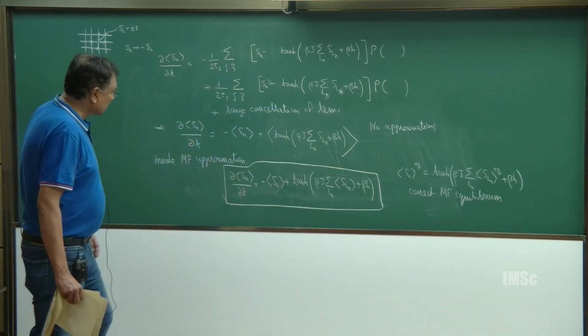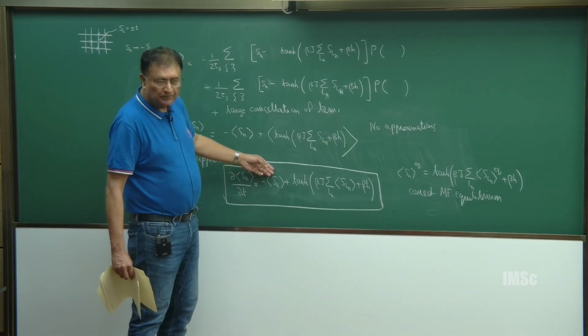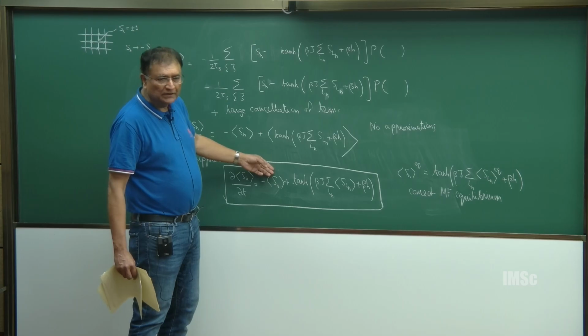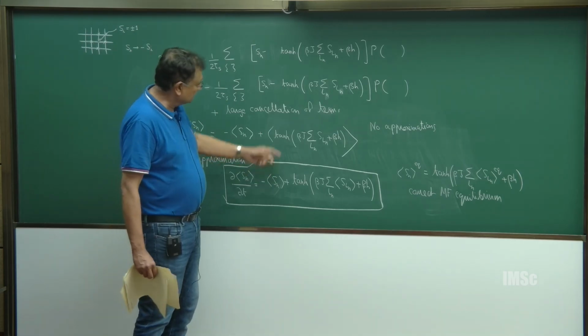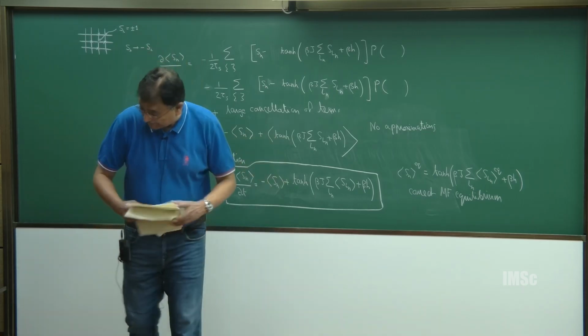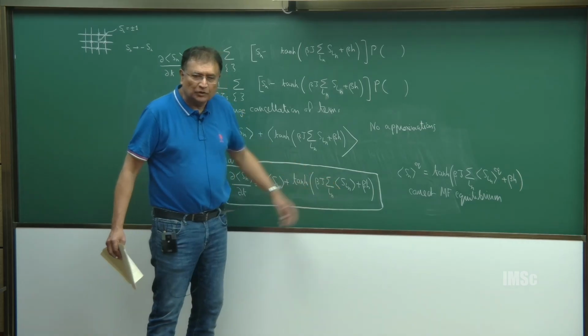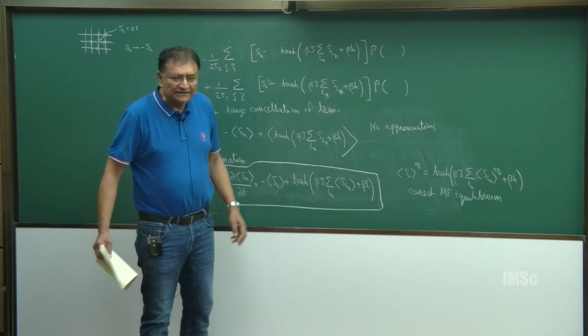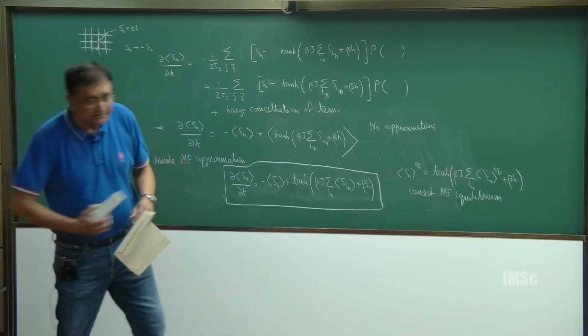Now this equation is never correct as such, so there is no 1 over number of neighbors or dimension expansion or something. No. So going from there to there is an approximation. Probably if you have long range interactions, that's a better approximation as in the static case. But for nearest neighbor interactions, it's not a good approximation.